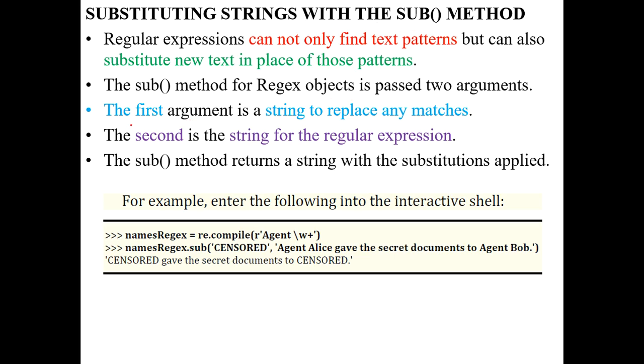The first argument represents a string that replaces any matches from the passed string. The second argument represents the string for the regular expression. Finally, the sub method returns a string with the substitution applied.